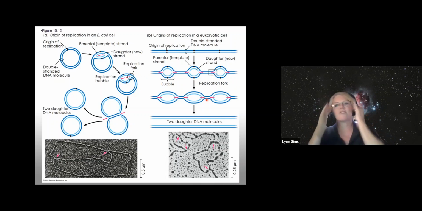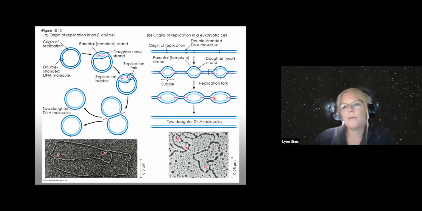Now, we're going to revisit this later, but at the ends of some of these strands, they're not going to be able to be completed. So in eukaryotic cells, after every successive replication, some of the chromosomes start to lose DNA. They start to lose a small section of DNA.